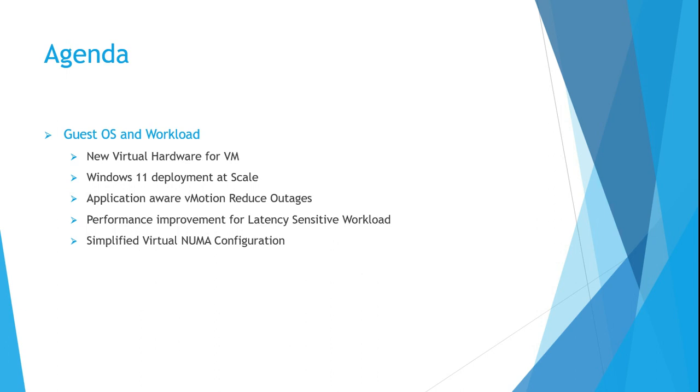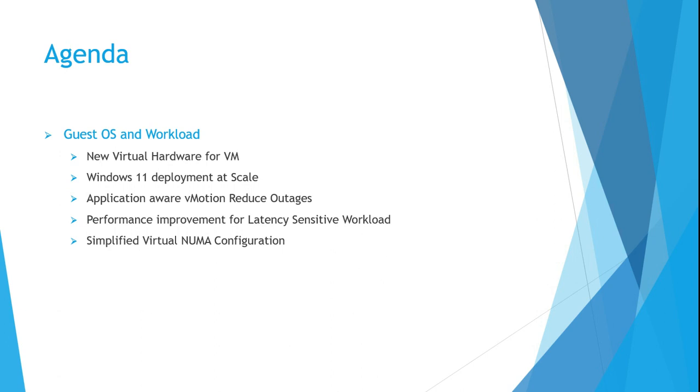So they should be writing applications which are aware of vMotion, and they should be able to talk to the hypervisor. I guess that's happening, and I was hoping that it would have happened from version 7, but better late than never, right? Which is good news for application owners.